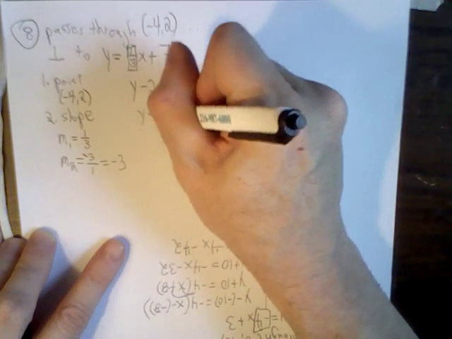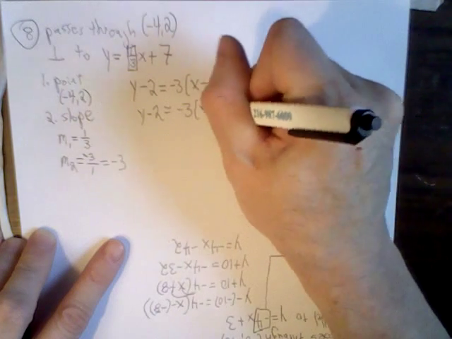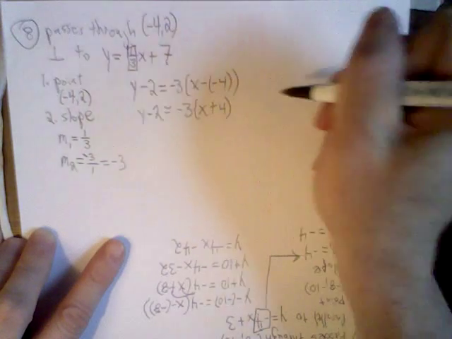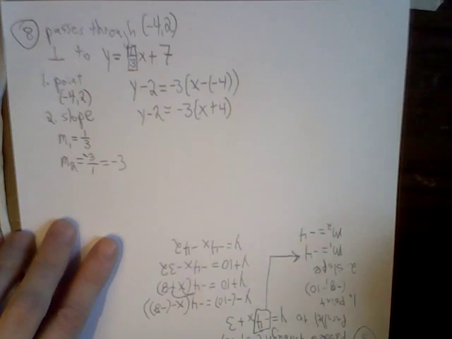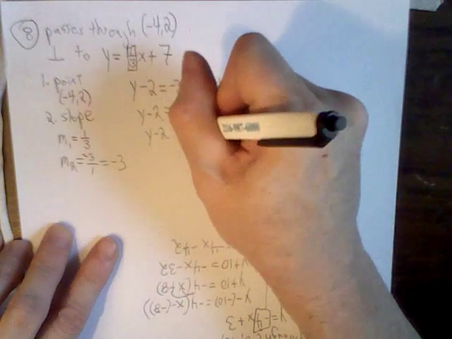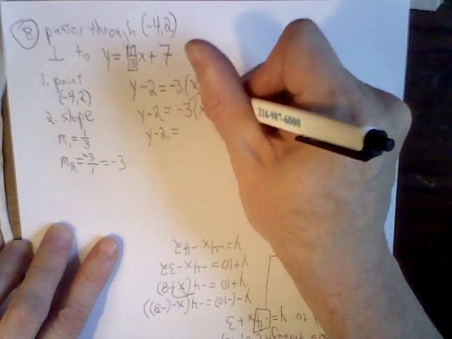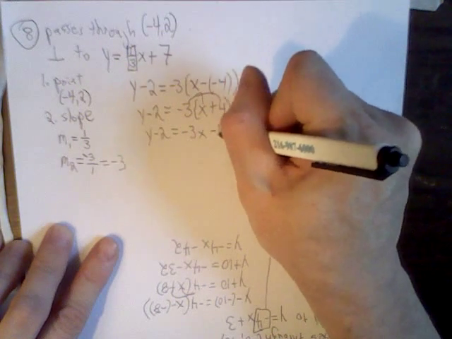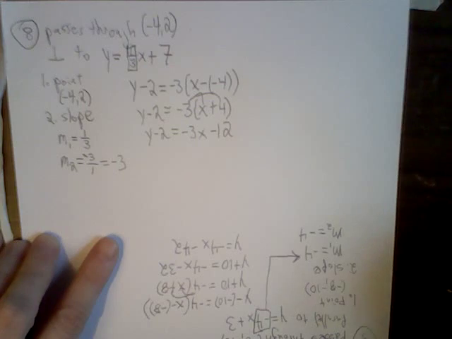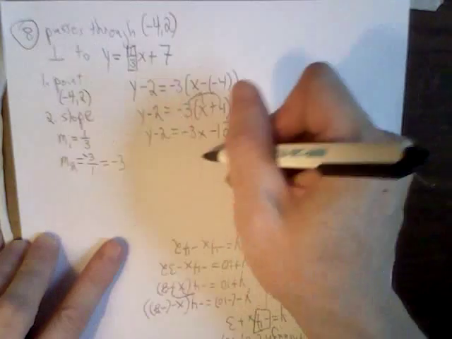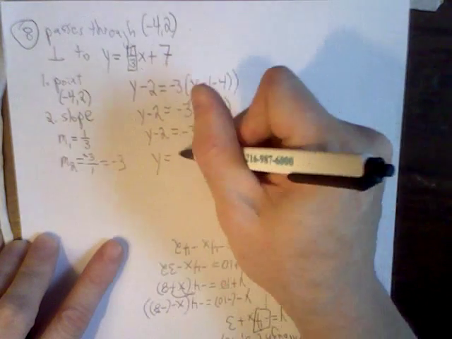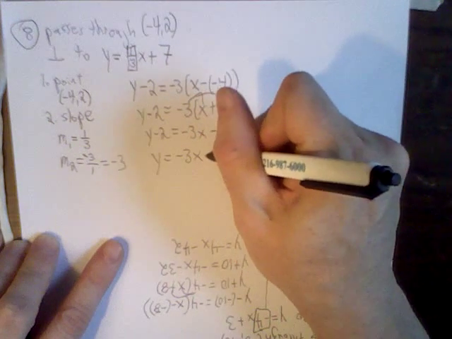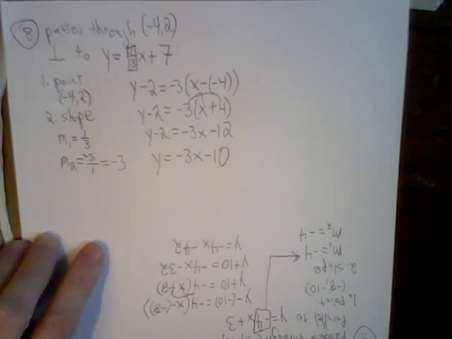Simplify this stuff, so y minus 2 is negative 3 times x plus 4. Then we'll have y minus 2 is, distribute the negative 3. So you'll have negative 3x minus 12. And then add the 2 to the other side. So you have y equals negative 3x minus 10.